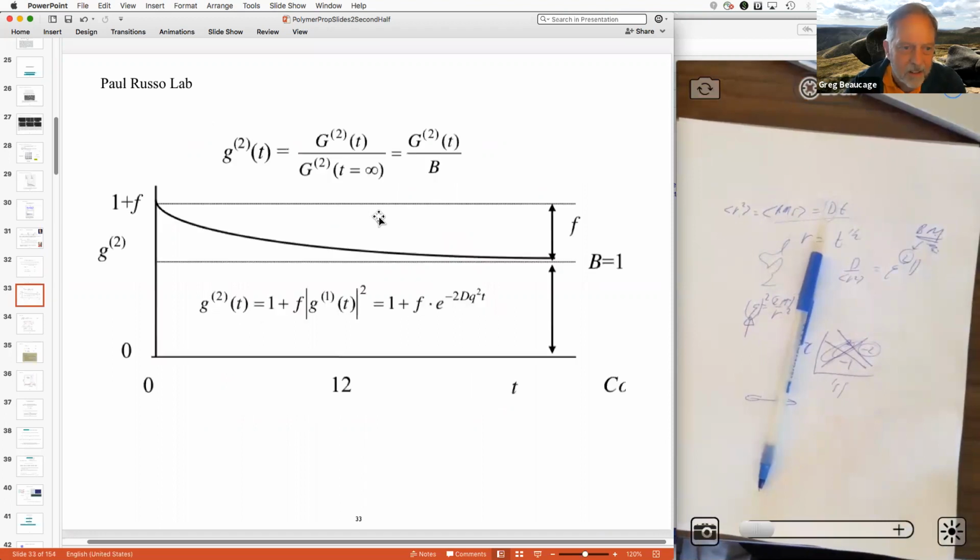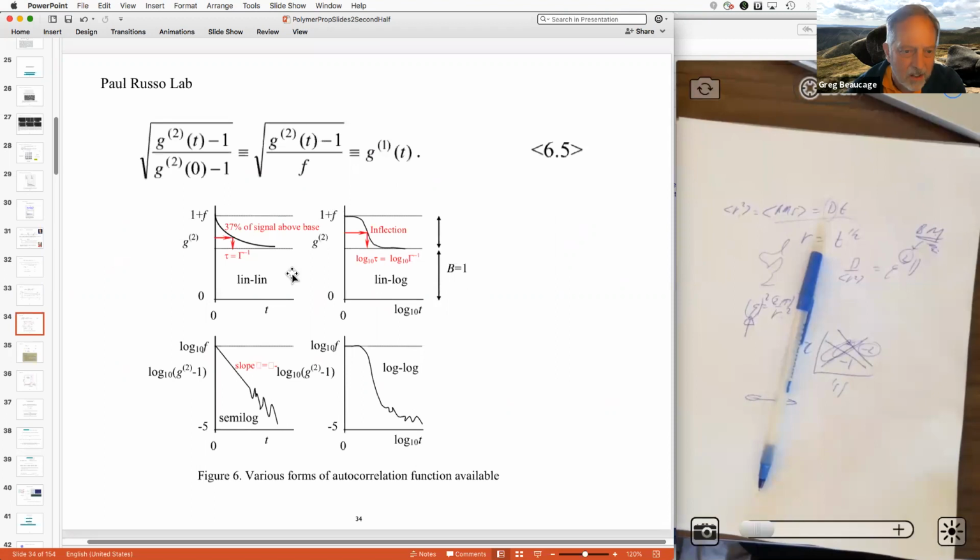Basically, this is going to be used for the most part to get the hydrodynamic radius, right? So the assumption is that it's Brownian motion. You can check that by measuring at a couple of different angles, and then once you get that, the machine will spit out the result. This is from Paul Russo's lab that he gave for his class, so I'm just copying some of his things. It's simple.